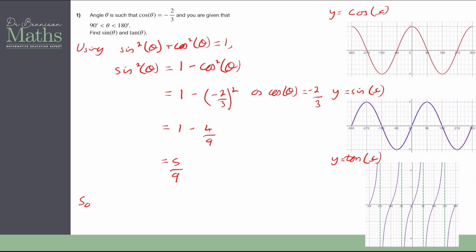So sine theta then is the square root of 5/9, which is root 5 over 3, but plus or minus. So they're both plus or minus because we don't know yet whether it's the positive square root or the negative square root.